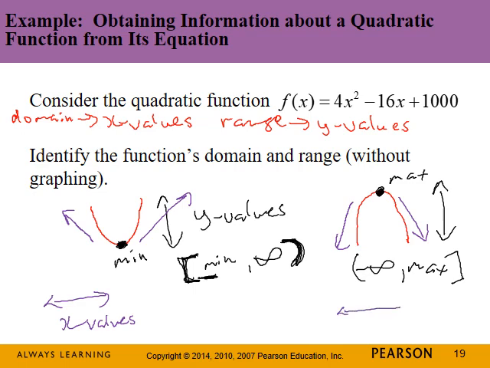Again, these are your x values for your domain. All the way to the left is negative infinity. All the way to the right is positive infinity. So the domain for your parabolas will pretty much be negative infinity to positive infinity. However, your range will be based on whether it opens up or down. Remember, up, A is positive, down, A is negative.